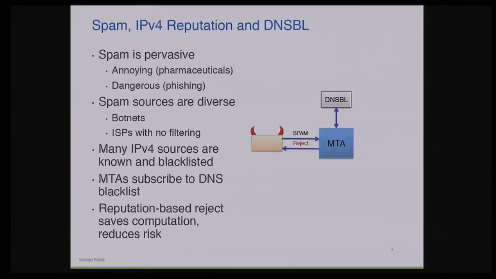Okay, and the sources, of course, are diverse. You might have bots, compromised machines that are actually out there sending the spam directly, or you might have something behind an ISP, and the ISP's SMTP relay is actually forwarding it on, so you have different sources where it might actually appear to be coming from.